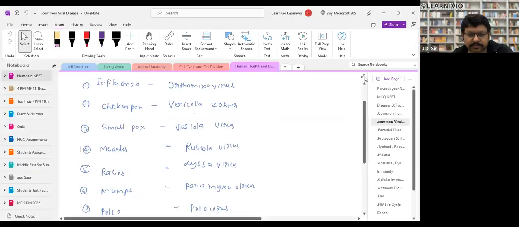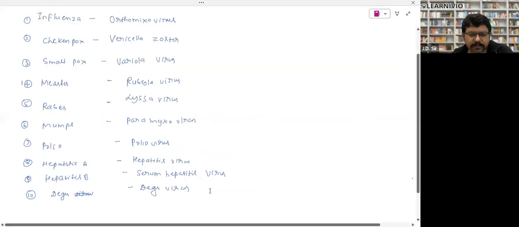You must know these diseases, right? I think you must already be aware of this one. Yeah, Aisha? Influenza is caused by orthomyxovirus, chickenpox, smallpox, measles, rabies. For sure, you will get a question for match the following or individual.